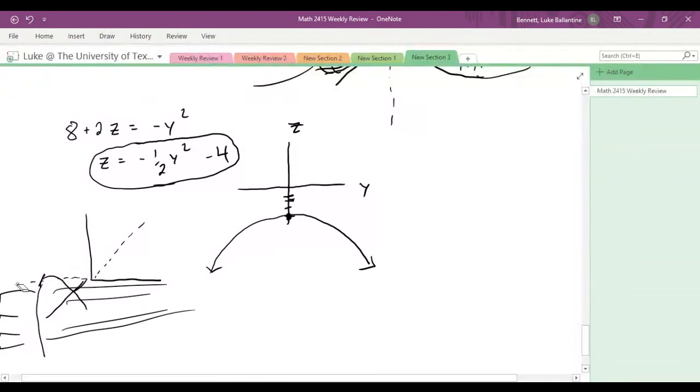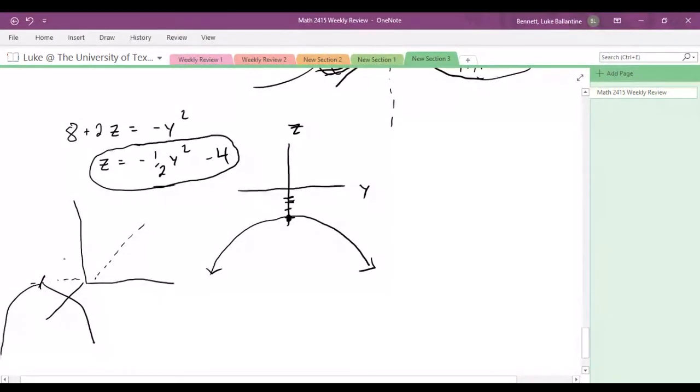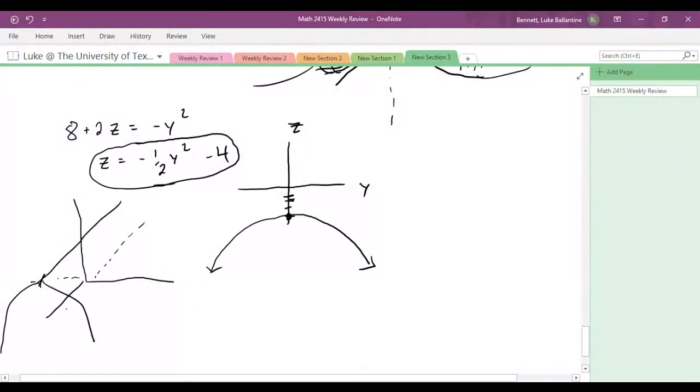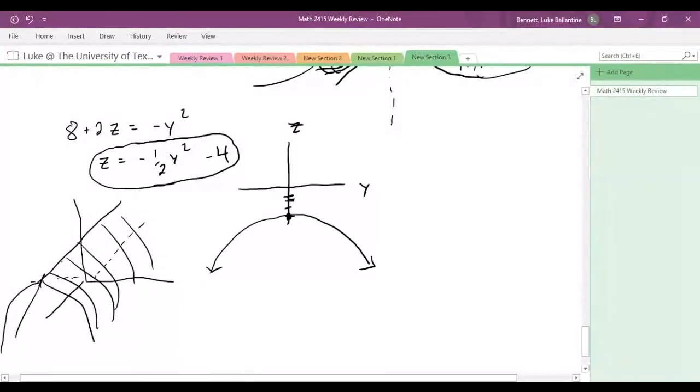The rulings are parallel to the x-axis because x is missing. So we got it like that, and then it's going this way, parallel to the x-axis. Yep, so a celery stick. Okay.